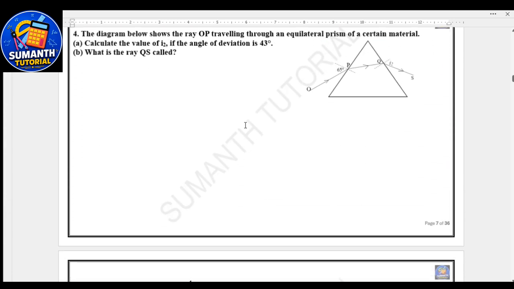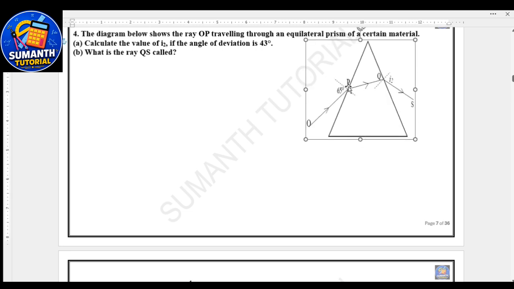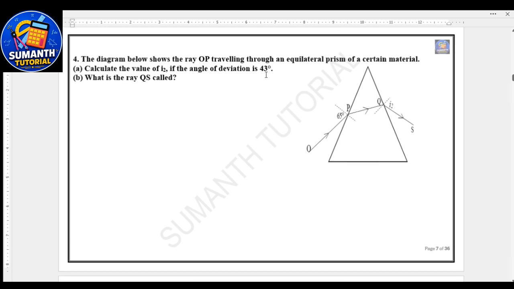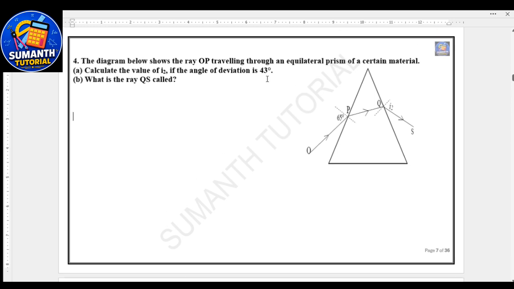Question number 4. I think this diagram is visible, otherwise I will stretch a bit. Yes, okay, that's it. Now see here. In the diagram below, a ray OP travels through an equilateral prism of a certain material.